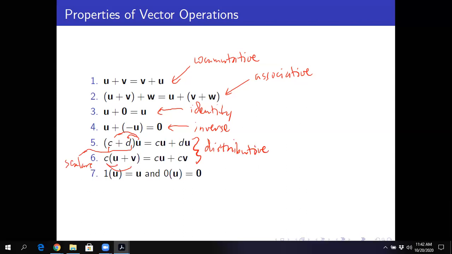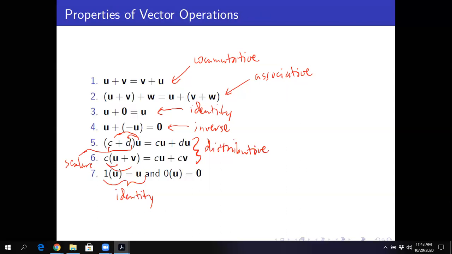This right here is sort of obvious. Of course, if I scale a vector by 1, I just get the vector right back. This is another identity relation. Kind of like u plus 0 is u, 1 times u is u. And of course, if I scale a vector by 0, that just kills the x and y displacement, and I'm going to end up with a 0 vector.